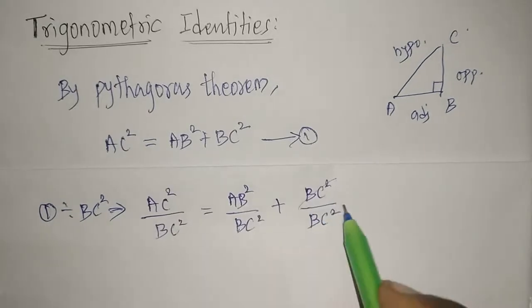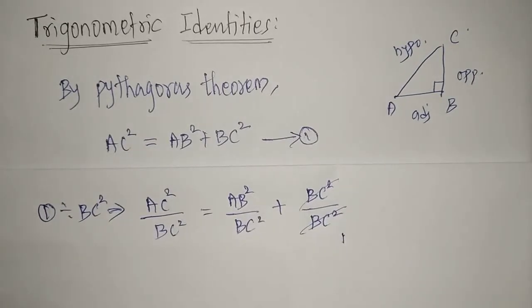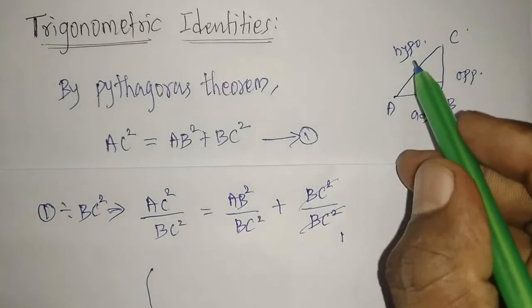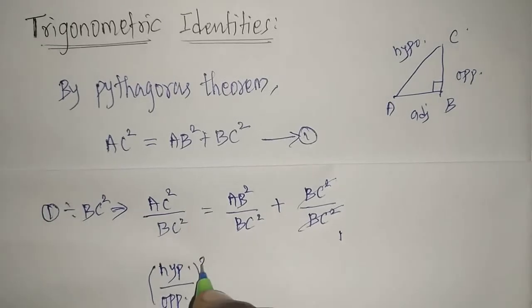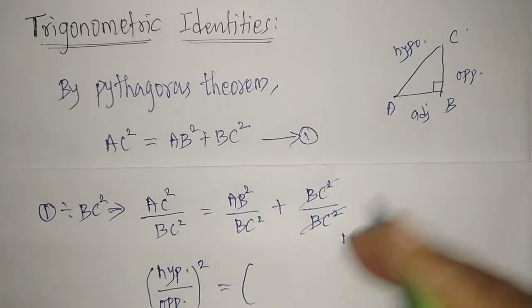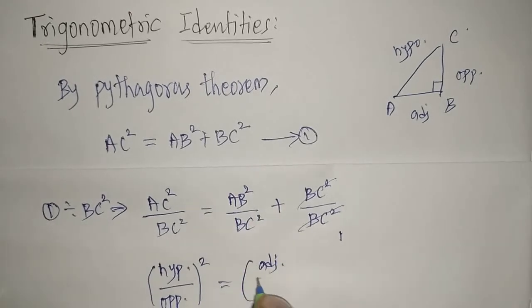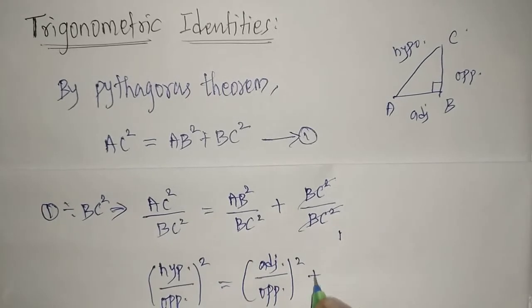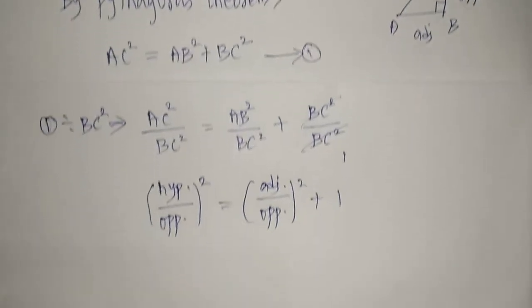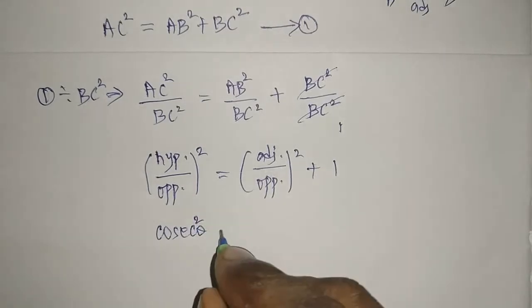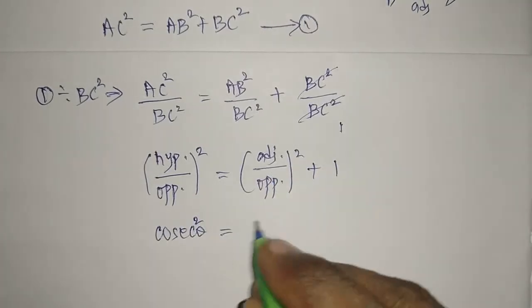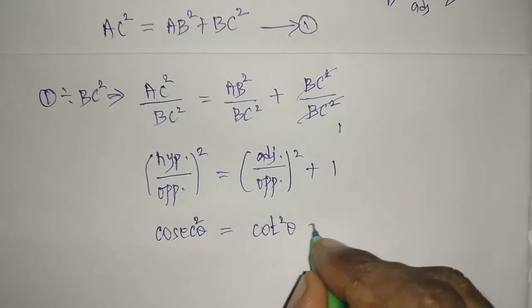After the BC square cancels, the remaining is 1. AC is the hypotenuse, so hypotenuse divided by BC, the opposite side, whole square, is equal to AB, the adjacent, divided by BC, the opposite, whole square, plus 1. Now hypotenuse divided by opposite is cosecant, so cosecant square theta is equal to adjacent divided by opposite, that is cot square theta plus 1.